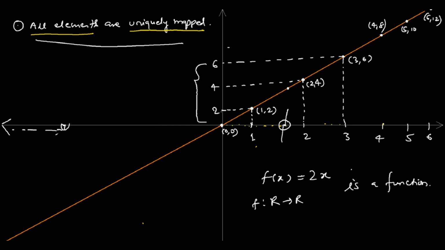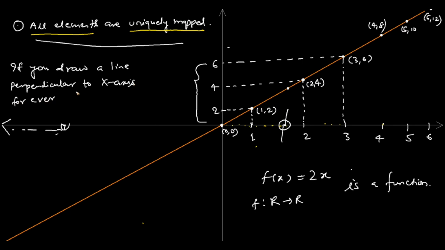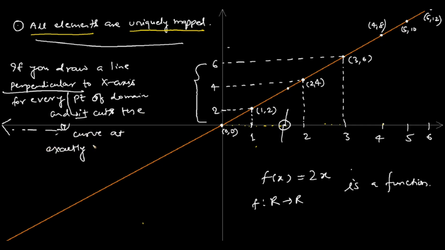For all the points in the domain, if you draw a line perpendicular to the x-axis for every point of the domain, and that perpendicular line cuts the curve at exactly one point, then it's a function.